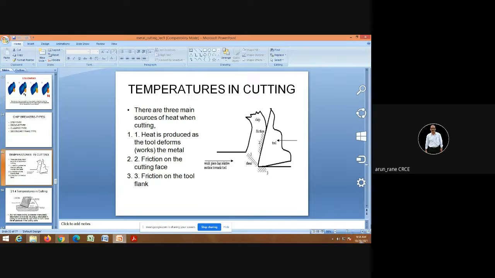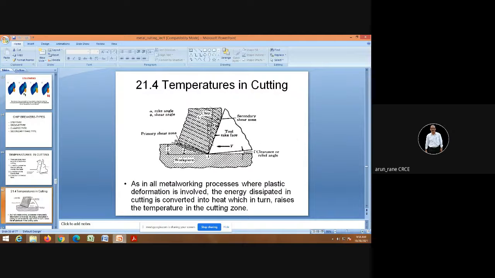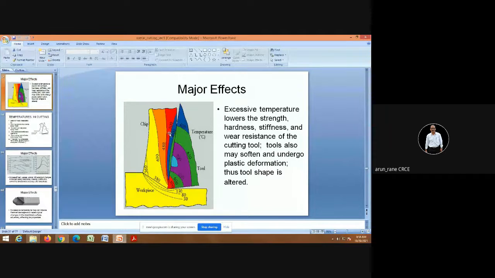So, temperatures in cutting. Because of the friction between the chip and the tool, and because of higher cutting speeds and higher depth of cut, the more the friction, the more heat is developed. Red means it is dangerous, and nowadays the machines do what is called adaptable machining.